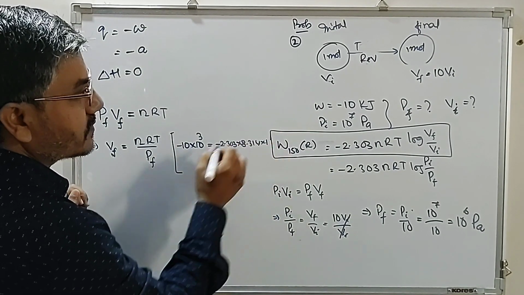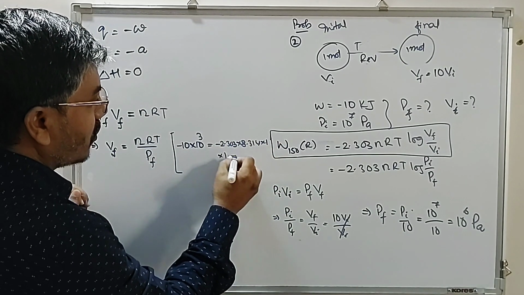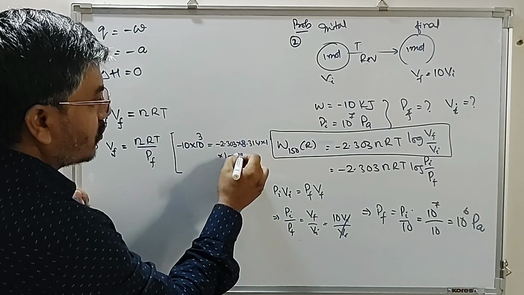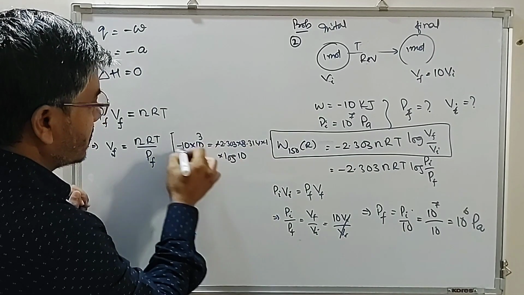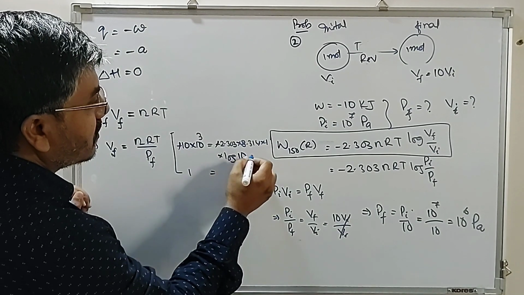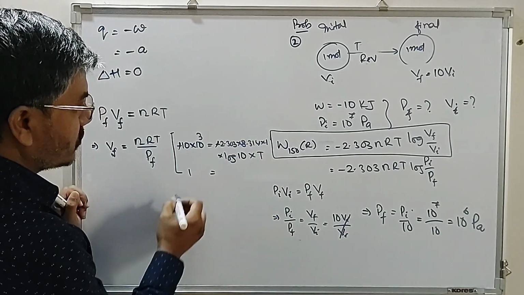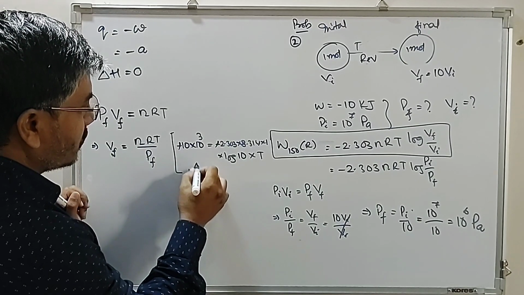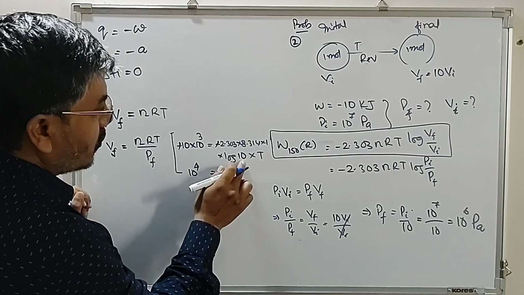So we have 1 into log of Vf by Vi; Vf is 10, Vi is 1. So log 10 is equals to 1. So this is 10 to the power 4 into temperature.